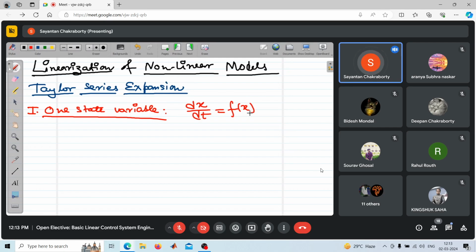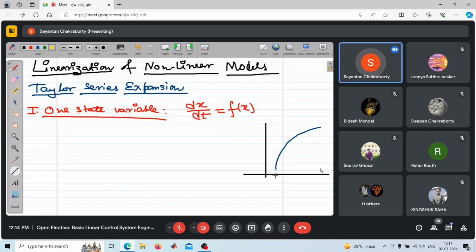Okay. Now, the very concept of this linearization is based on the fact that if you have a nonlinear behavior, like say this one, why am I calling this a nonlinear behavior?